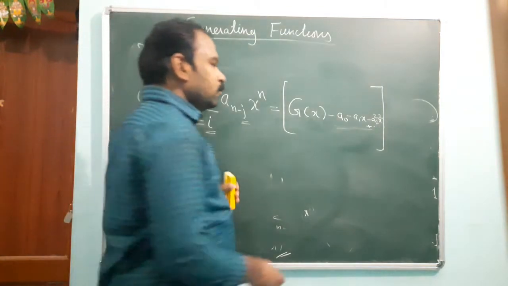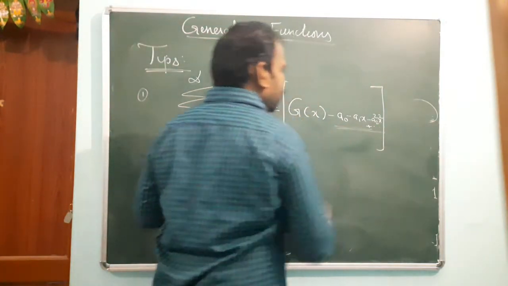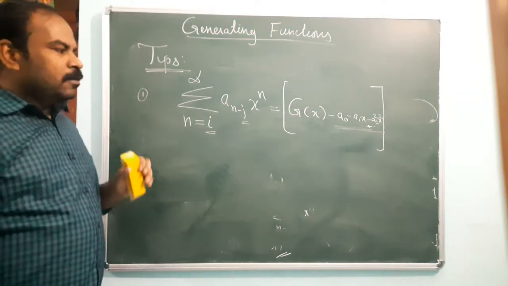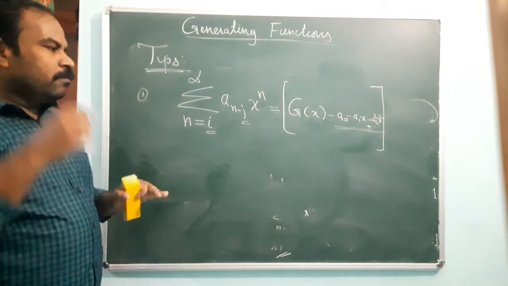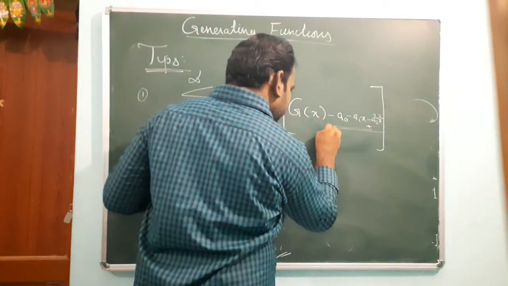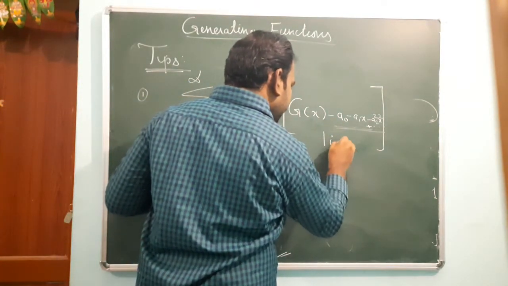So how many terms do we want to subtract? The number of terms we want to subtract is the difference between i and j.